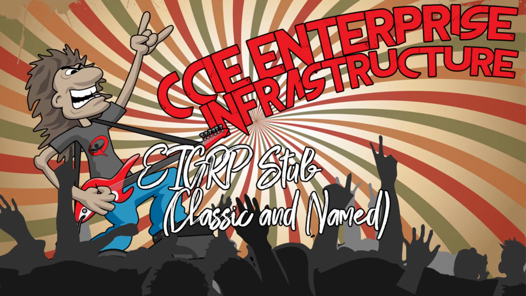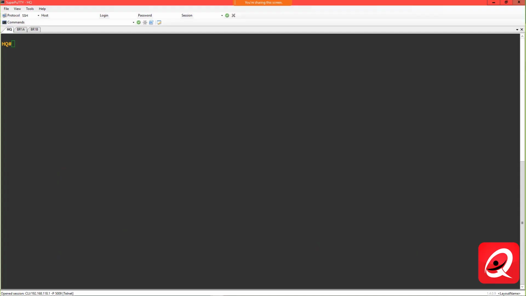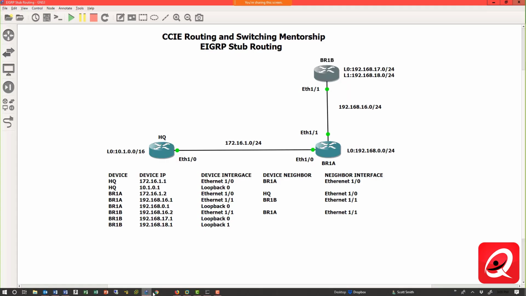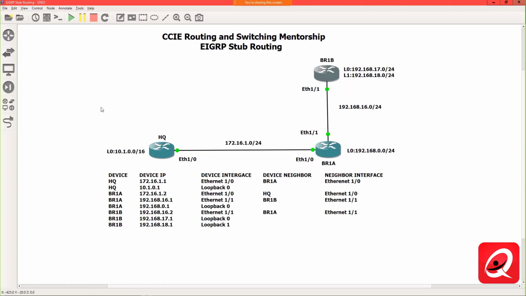Now, traditionally, we always talk about EIGRP and how EIGRP is going to converge and how we can design EIGRP so that it converges much more quickly. And we talked about in the last lesson how we did that with summarization, right? And traditionally, summarization has always been considered something that we would do if we're trying to reduce the overall size of our routing table.